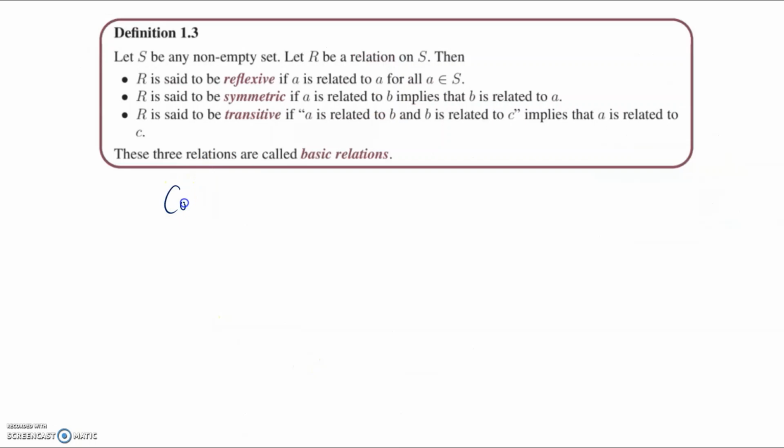Now consider a set S. Let's just take this as elements A, B, and C. Now there are three types of relations. First, reflexive. A relationship is said to be reflexive if A is related to A. Then this is reflexive.